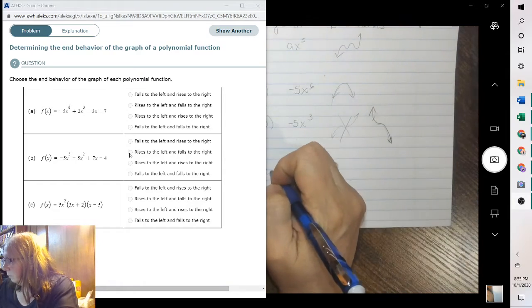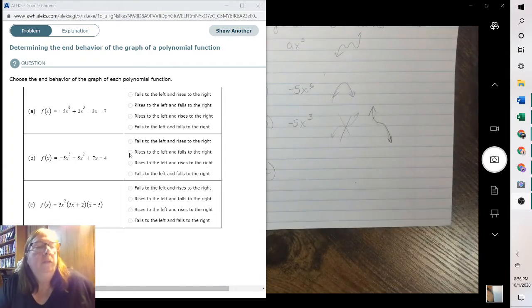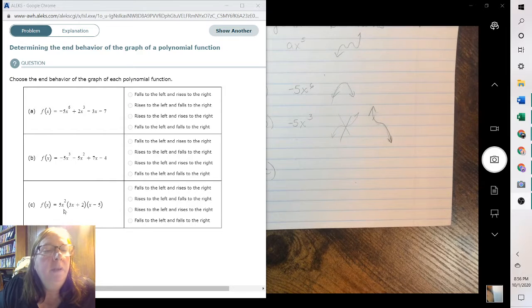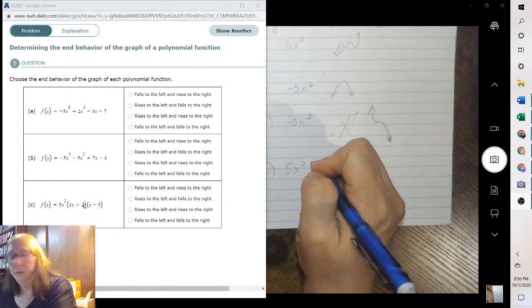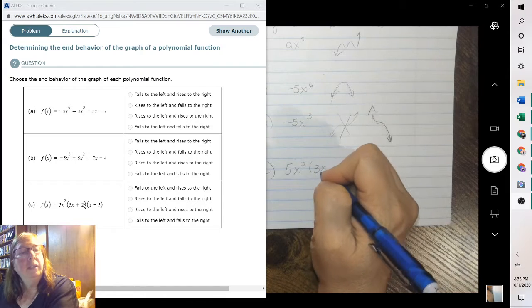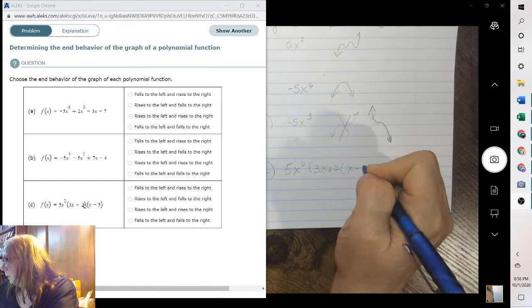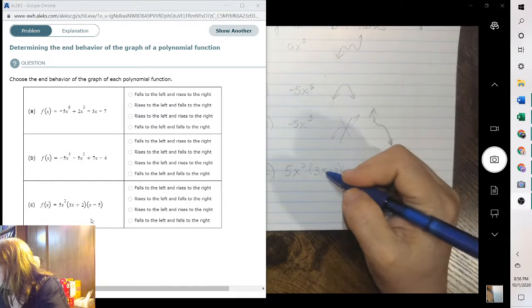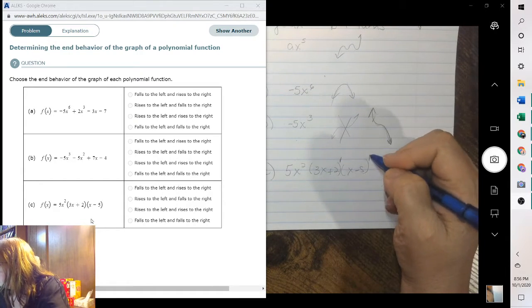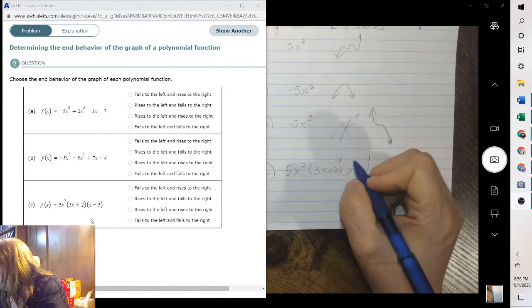Now the last one, notice the 5 in the front is positive, but when you're trying to find the degree of the polynomial, this one's not multiplied out. So we have 5x squared, 3x plus 2, and x minus 5. Well, this is x to the first, and this is x to the first. So 2, 3, 4.